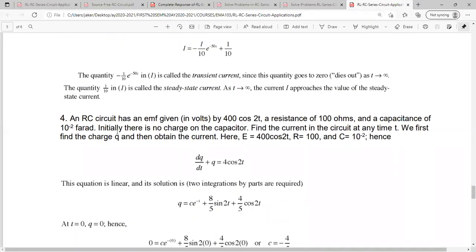It says here that initially there is no charge on the capacitor. So that's the initial condition that you can use. That way you can find the C in our integration process. That way our Q as a formula will be complete. It does not have any arbitrary constant. Okay, so we'll go back to our board and substitute that initial condition.